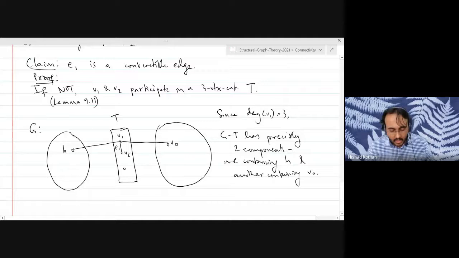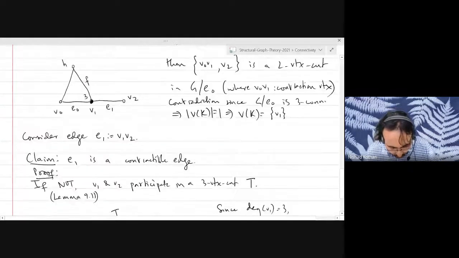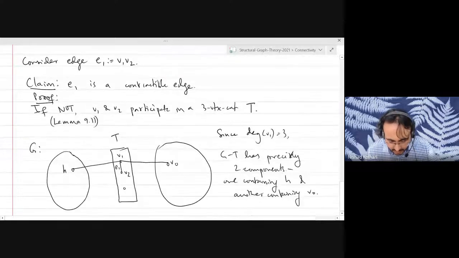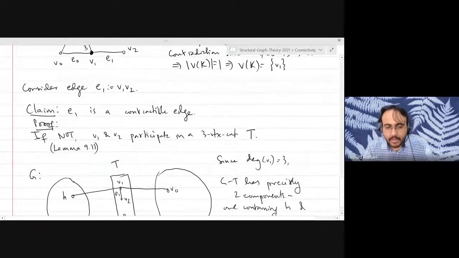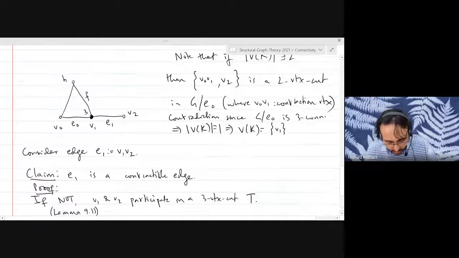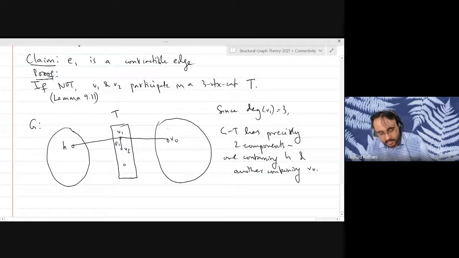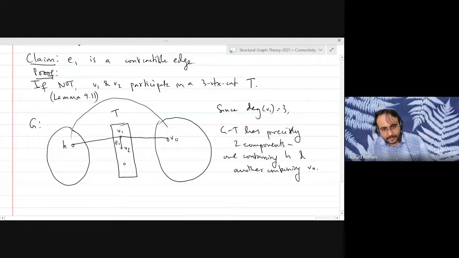Okay? But H and V0, they are joined by an edge. How is that possible? H and V0, they are joined by an edge. This is absurd, right? How can you have an edge between the 2 components? That is not possible by definition of a component.